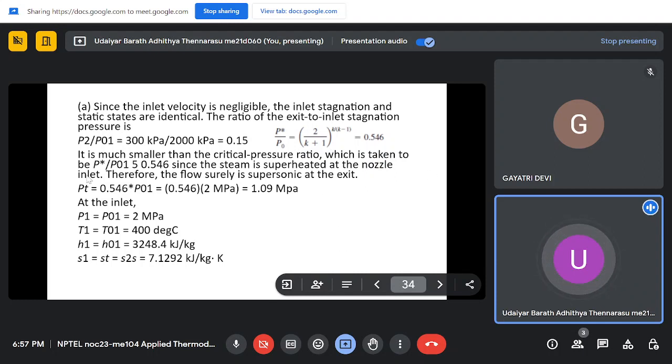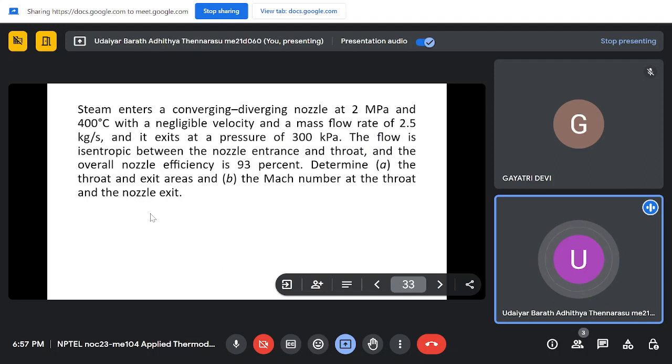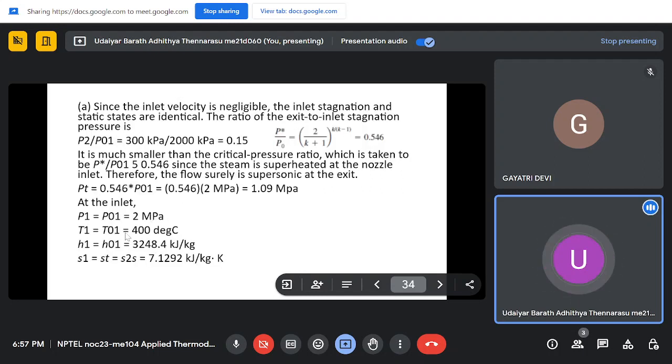Now at the inlet we know 2 megapascal, and we also know the temperature, 400 degrees Celsius. Correspondingly, the enthalpy and entropy values will be 3248.4 kilojoule per kg and 7.1292 kilojoule per kg Kelvin. These are the values for the steam at the inlet for 2 megapascal and 400 degrees Celsius.